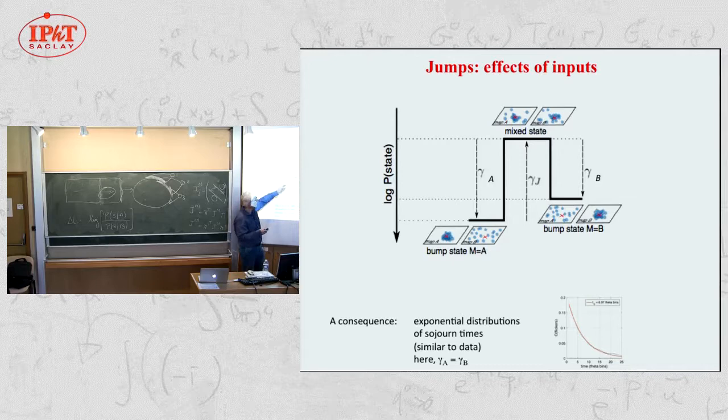So these are not point attractors. It can move anywhere in the space here. And in between, we can have this kind of mixed states we were mentioning before. So if we have this two-level representation, which is obviously an oversimplification, the idea is that we can change the relative height of the two wells here, depending on the kind of inputs which are used in order to materialize these bumps.